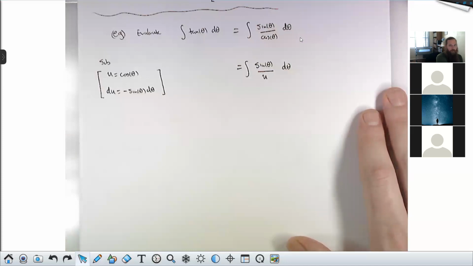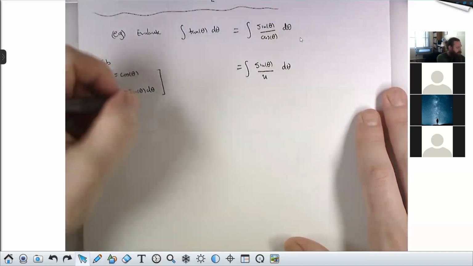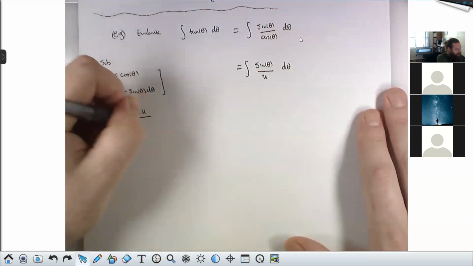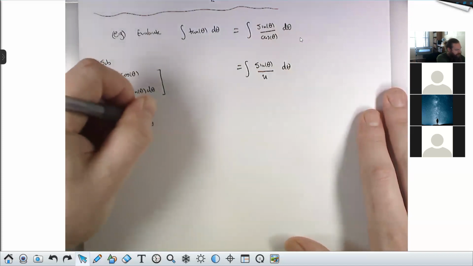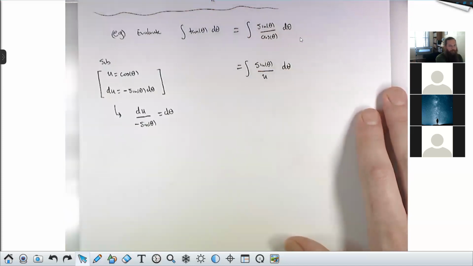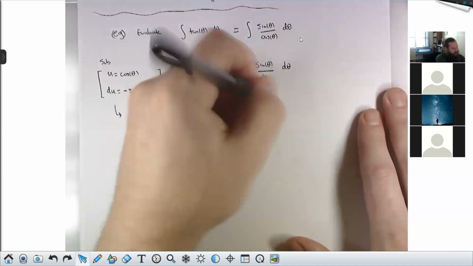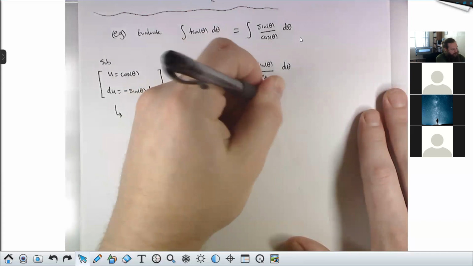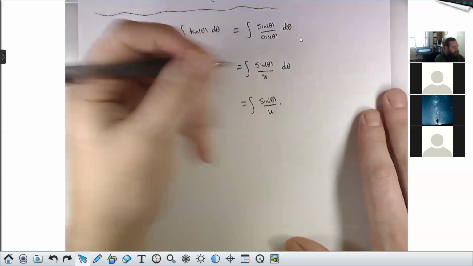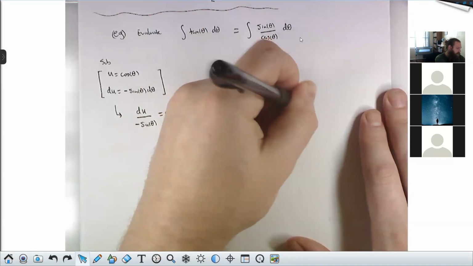Now I need to get rid of all the theta stuff. First, I should get rid of the differential and then see if there's anything left over. Here, this will be nice. If I solve this for d theta, I get du over negative sine theta equals d theta, which means this integral becomes the integral of sine theta over u times du over negative sine theta.